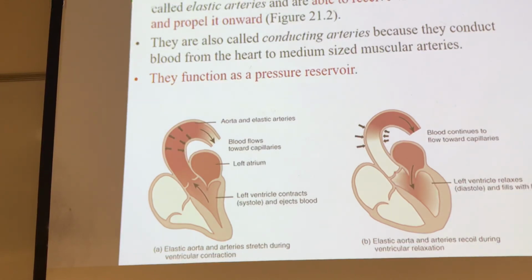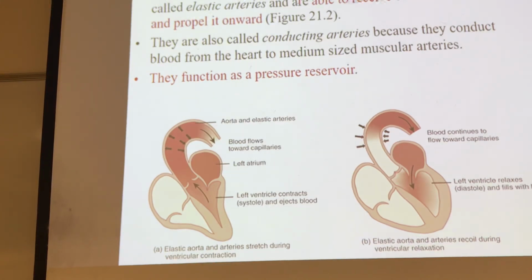What happens when blood goes from the ventricles into the aorta? You stretch the aorta. It has a lot of elastic tissue, so it can function as a pressure reservoir. What does that mean? When the left ventricle relaxes, the stretch of the aorta allows it to contract and snap back to its original shape.